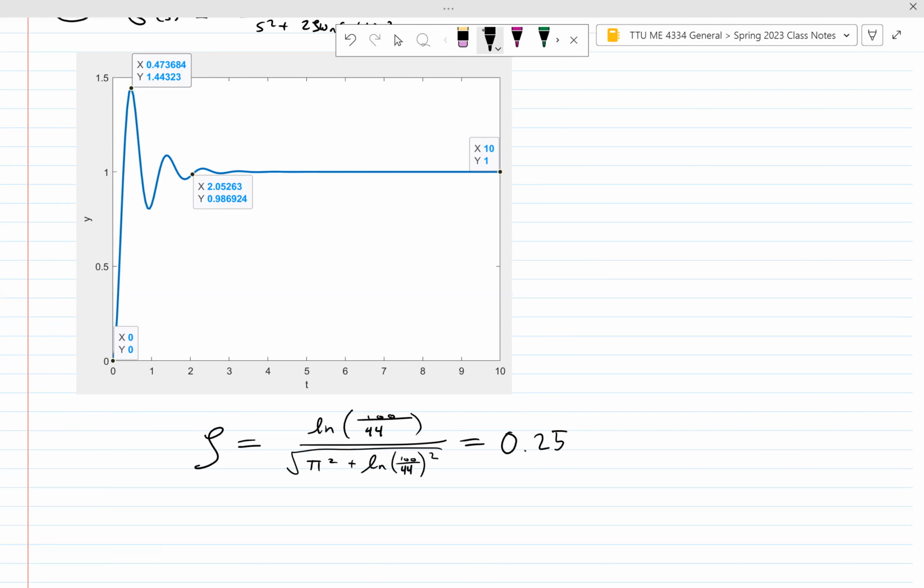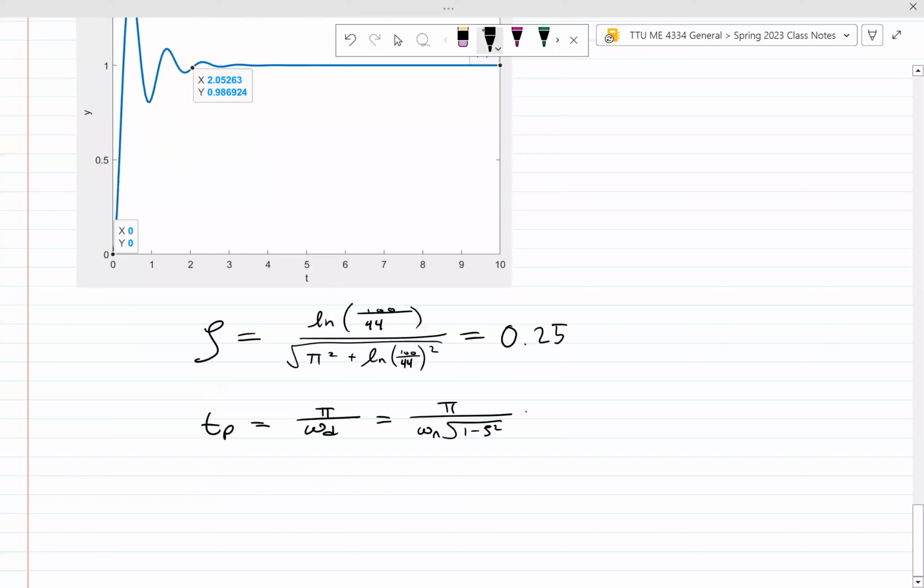We found one of our parameters. Now, how do we figure out what omega n is? Peak time? Okay. So our peak time formula, Tp, was equal to pi over omega d, or pi over omega n square root of 1 minus zeta squared. Let's solve.